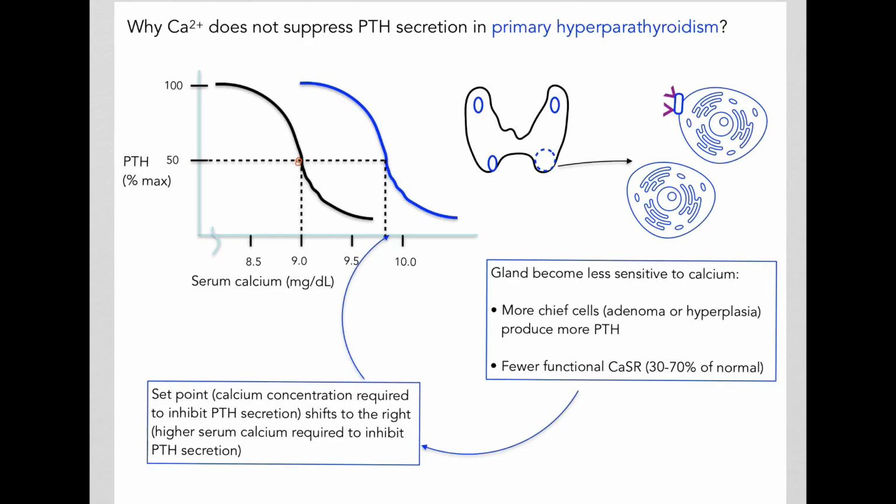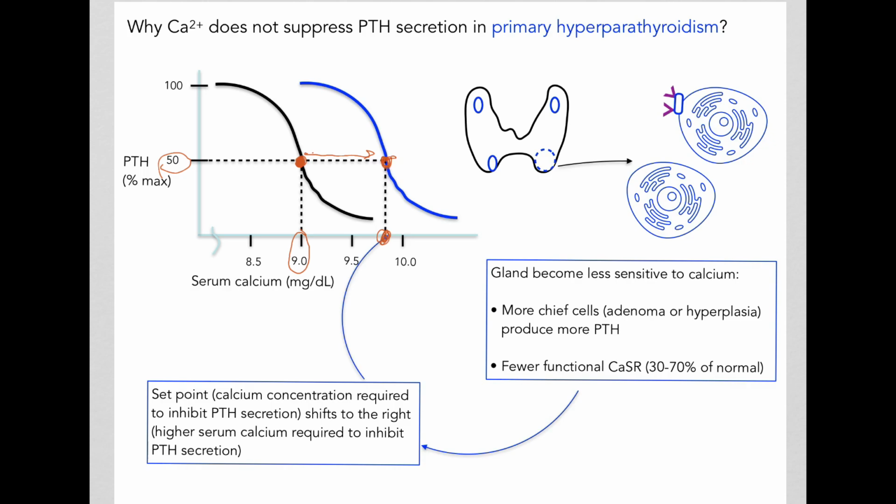Normally the set point, that is this point here, is around 9 milligrams per deciliter to inhibit 50% of PTH secretion. But in primary hyperparathyroidism, you can see the set point has now moved to almost close to 10 milligrams per deciliter.